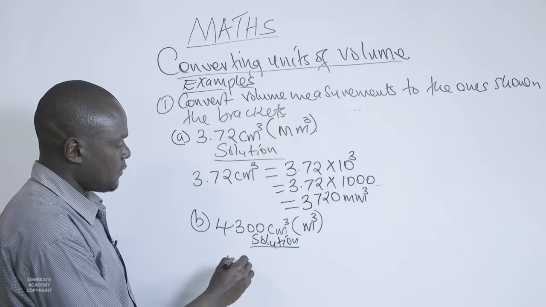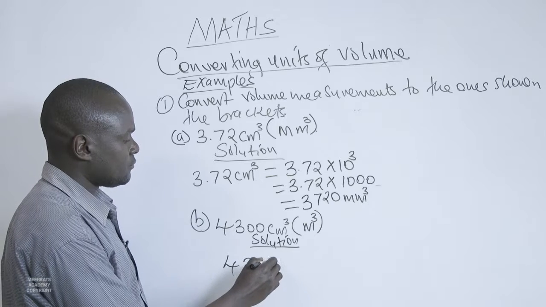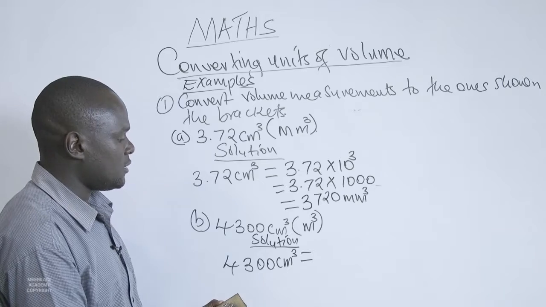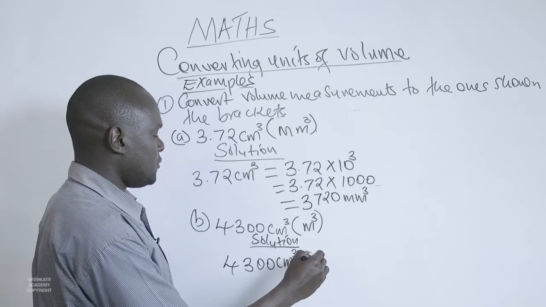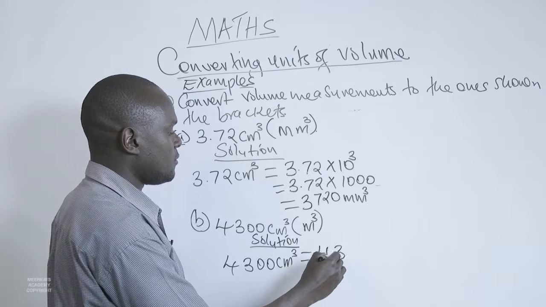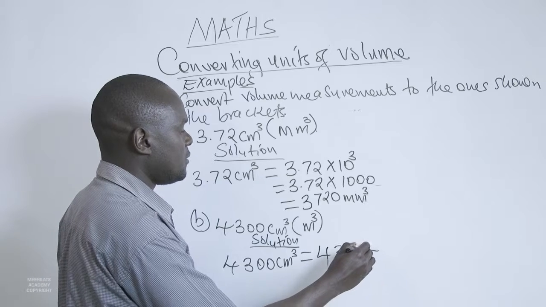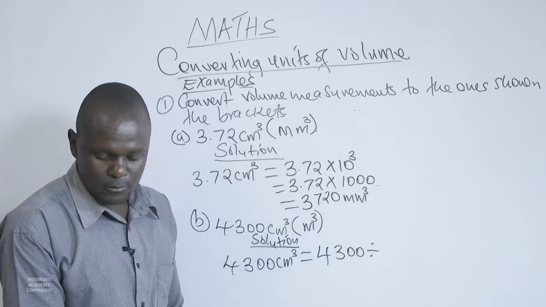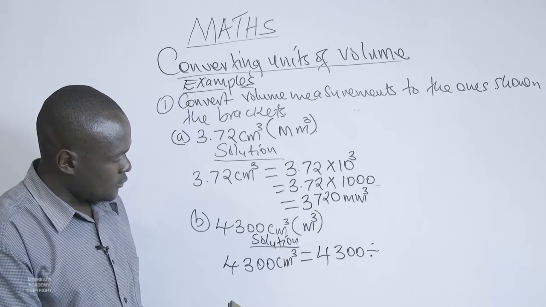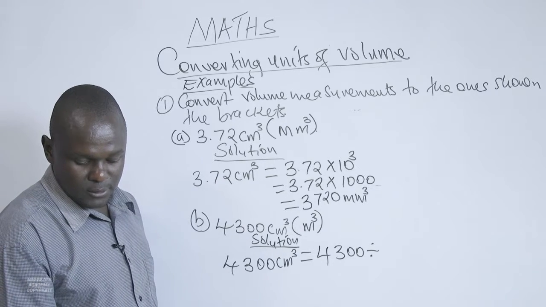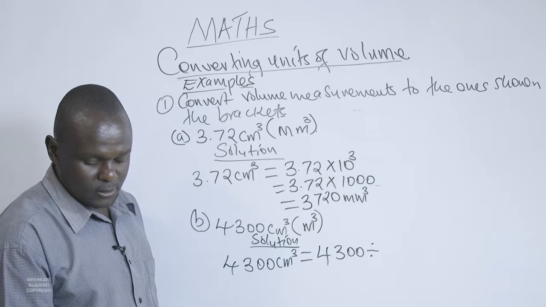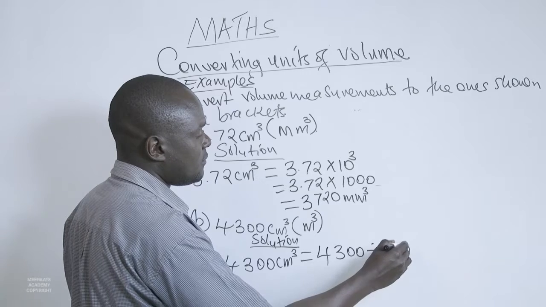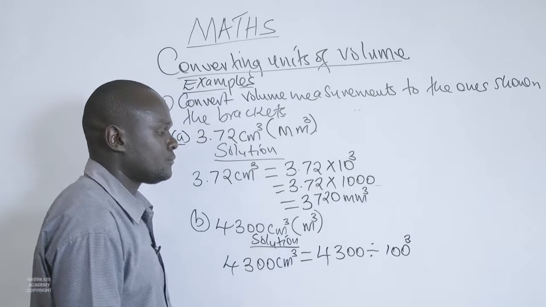So 4,300 cubic centimeters, to convert this to cubic meters, we have 4,300 divided by, as you can confirm from your flowchart, to move from centimeters cubed to meters cubed you divide by 100 raised to power 3.